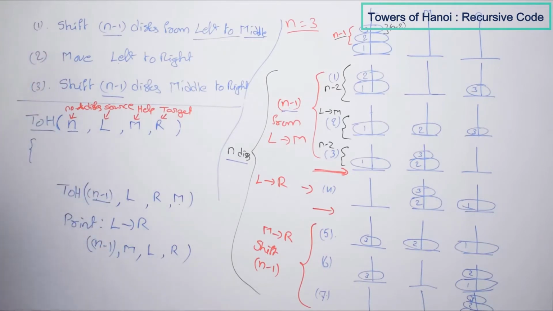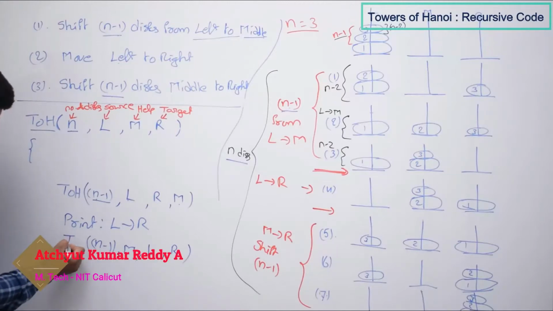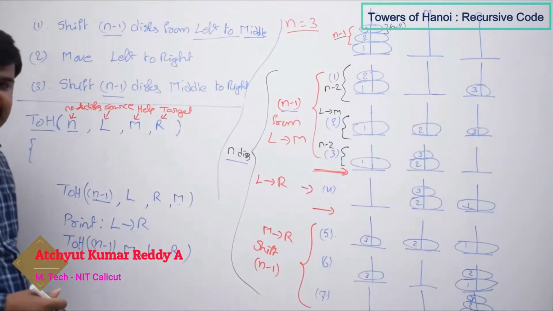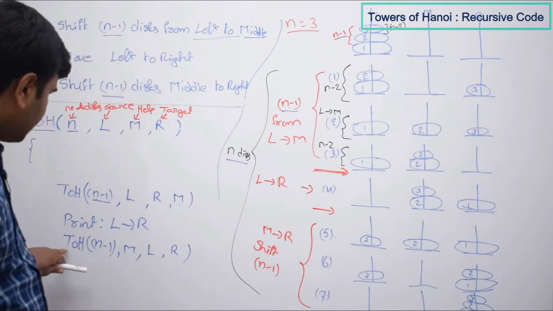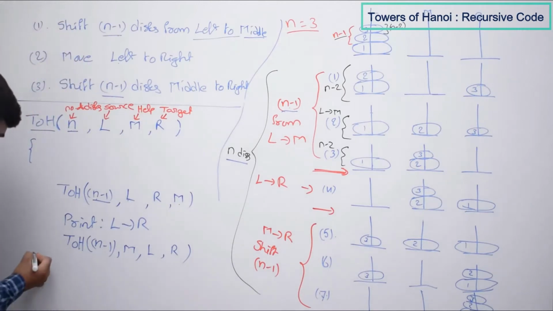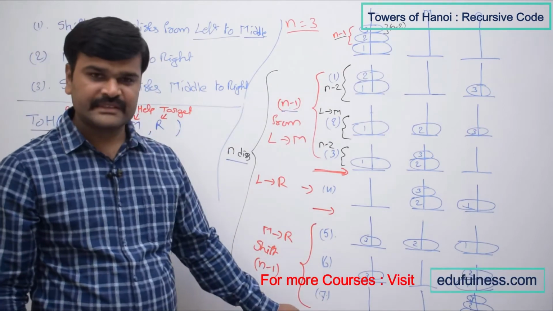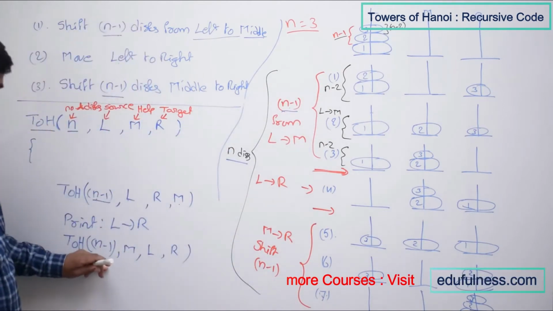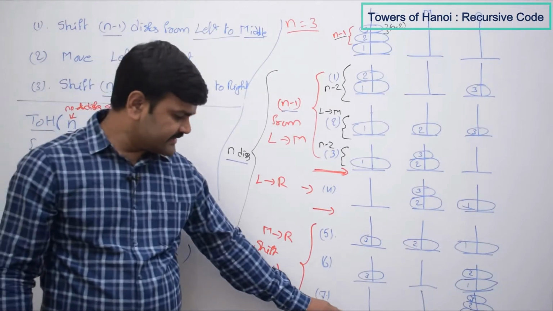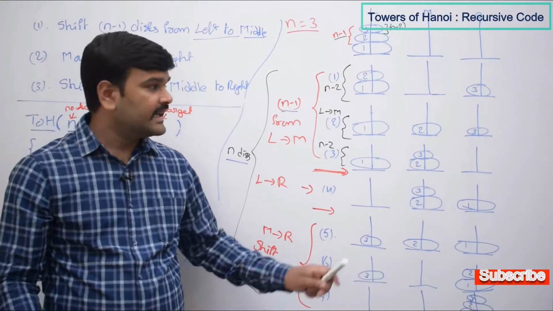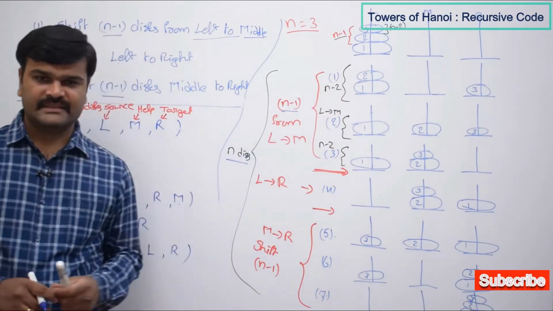So to shift these n minus 1 discs also, we are using the same function, that is Towers of Hanoi. So this is the recursive code for these steps. Once these 3 steps are completed, it means these 7 movements have happened and our goal is fulfilled.